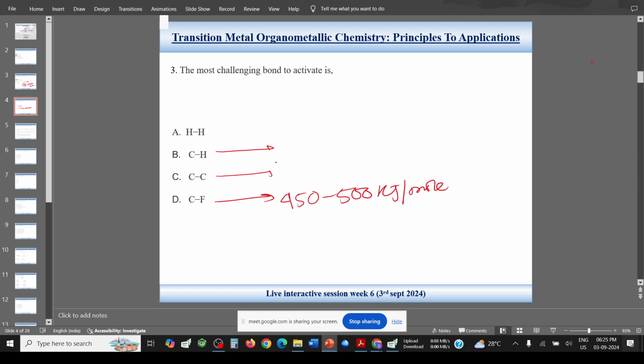Now the CC bond energy is only 350 kilojoule per mole, and the CH bond is 410 kilojoule per mole. So we have also discussed that the CH bond has more bond energy than the CC bond, but the activation of the CH bond is easier compared to the CC bond.